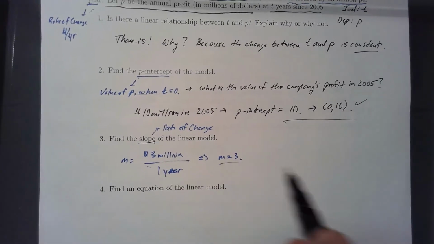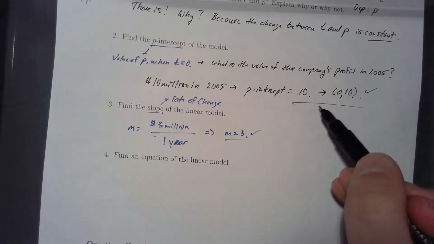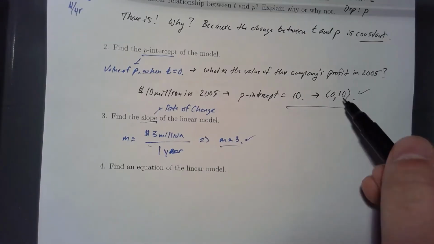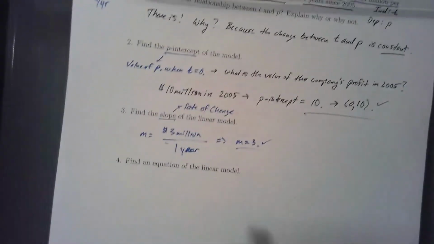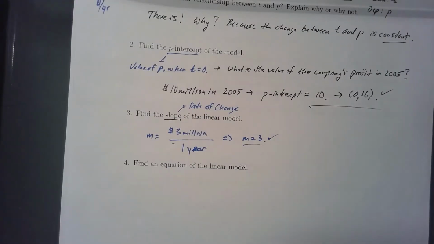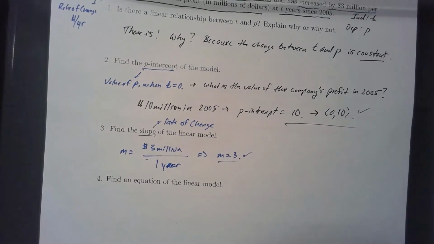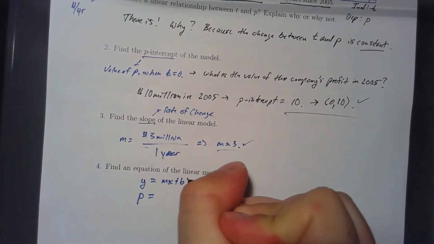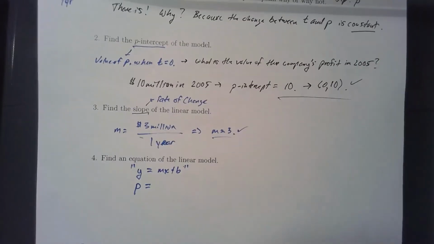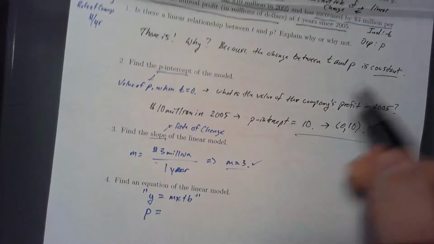Alright, I have my slope, I have my p-intercept, which in this case is my y-intercept, so I could find the equation of the linear model. So p equals, if I use y equals mx plus b for reference, p is my dependent variable here, right?